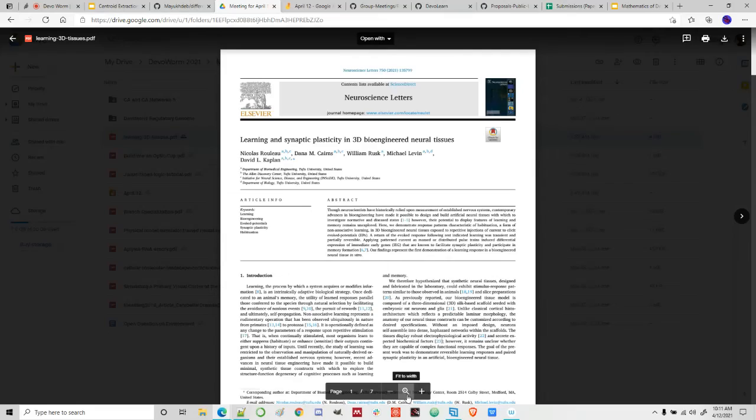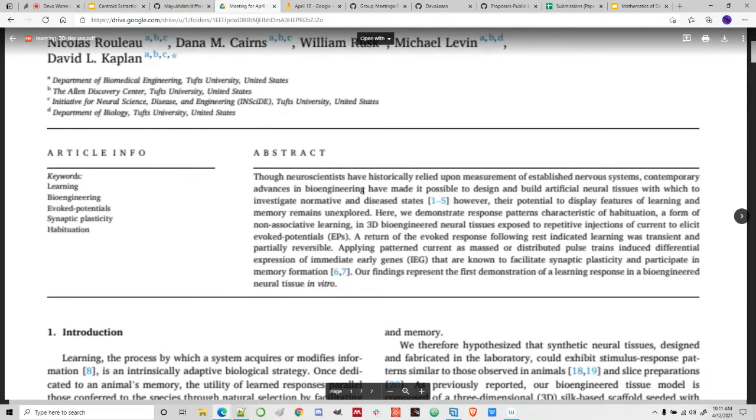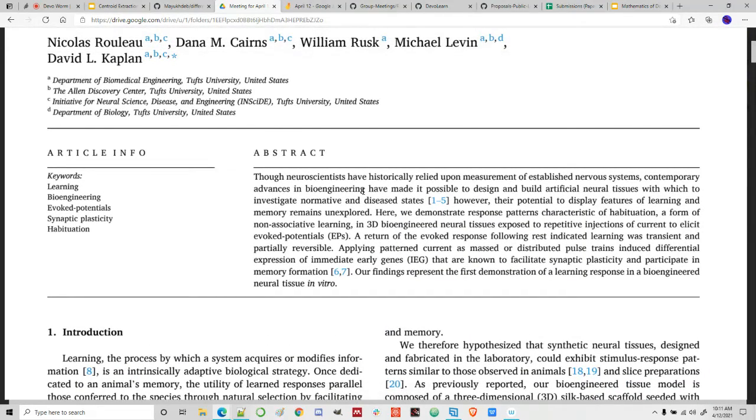The abstract reads, though neuroscientists have historically relied upon measurements of established nervous systems, contemporary advances in bioengineering have made it possible to design and build artificial neural tissues with which to investigate normative and disease states. However, their potential to display features of learning and memory remains unexplored.